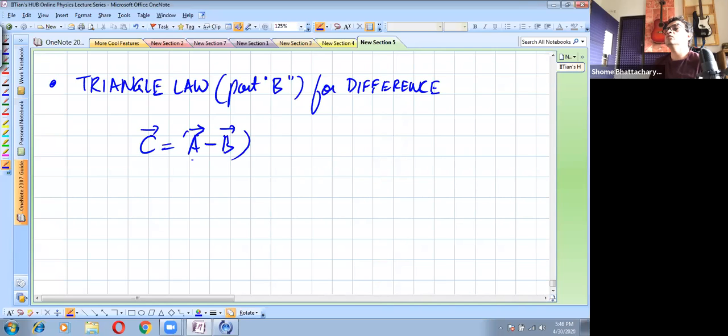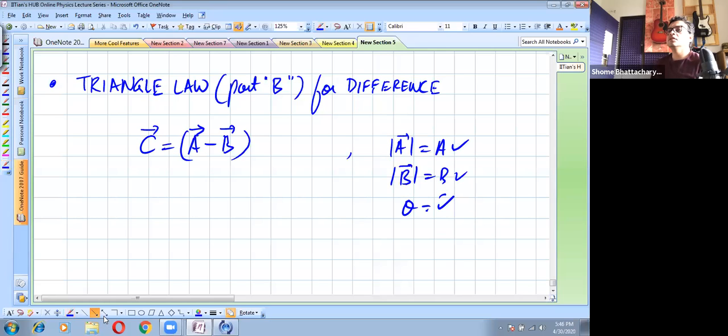Given that we know the magnitude of vector A, we know the magnitude of vector B, and we know the angle theta between them. These three quantities are known. Geometrically, we understand that vector A is like this, and vector B is like this.